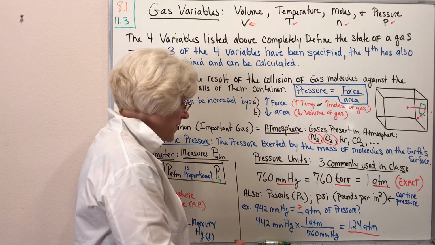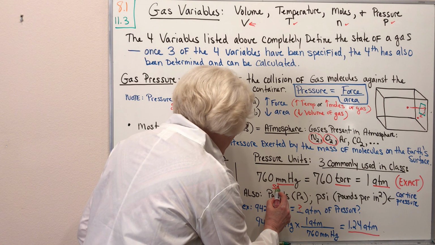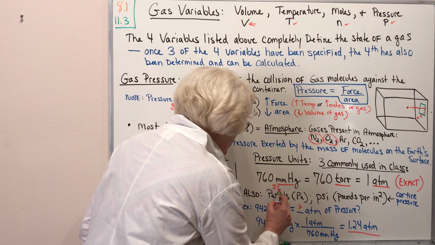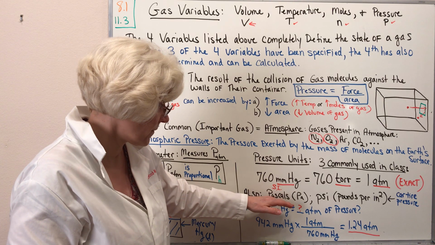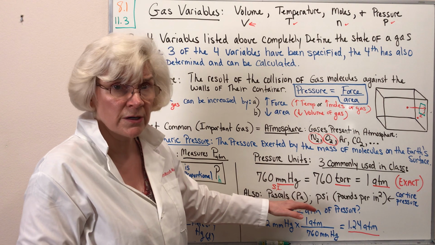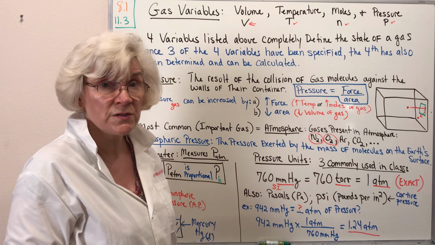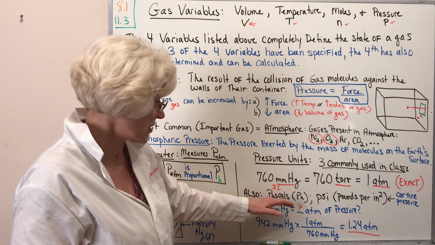One of those is called the Pascal, abbreviated PA, capital P, lowercase a. And interestingly, this is the SI unit for pressure. But it's not a terribly convenient pressure unit to work with, so we will not be using it often in this class, but it is the SI unit of pressure.